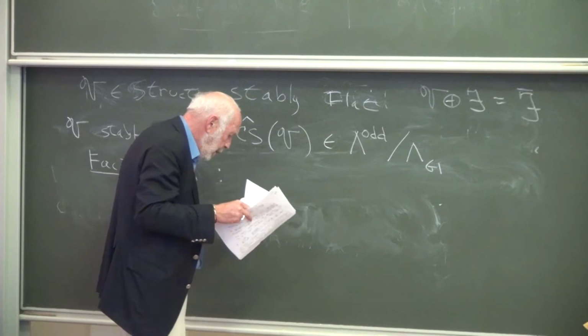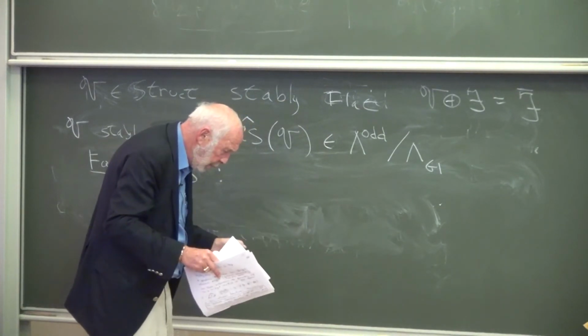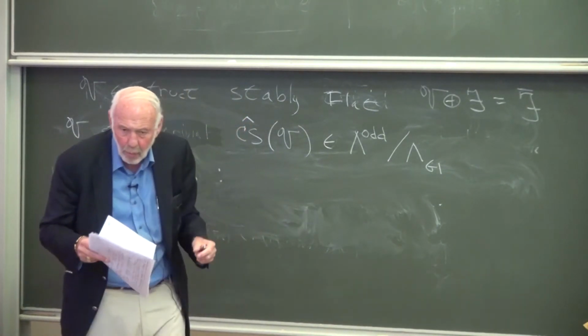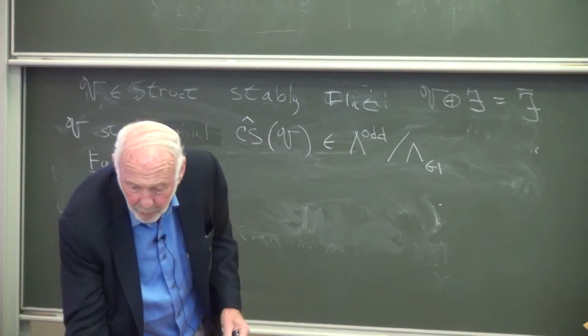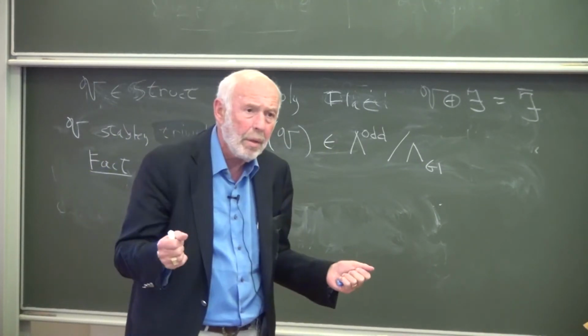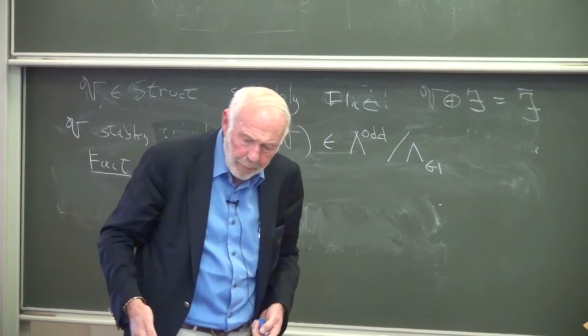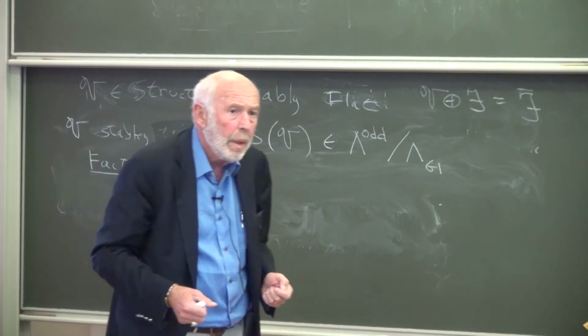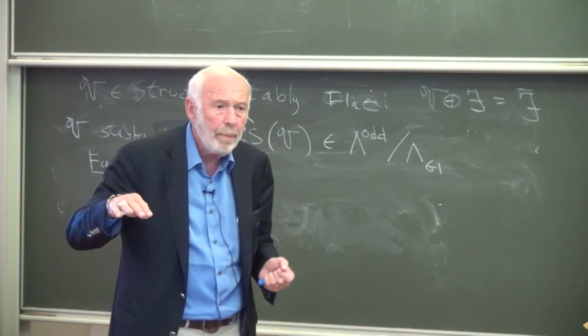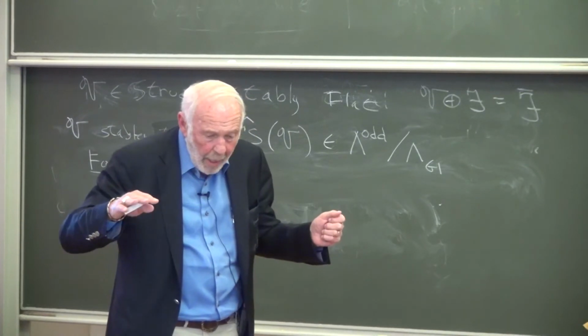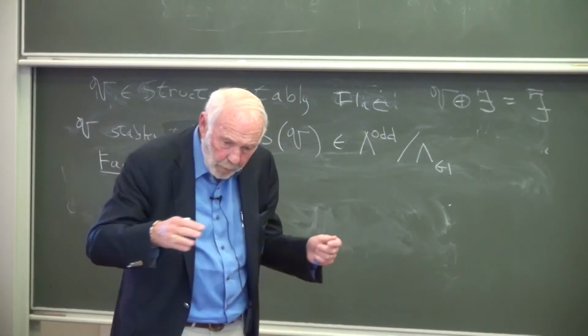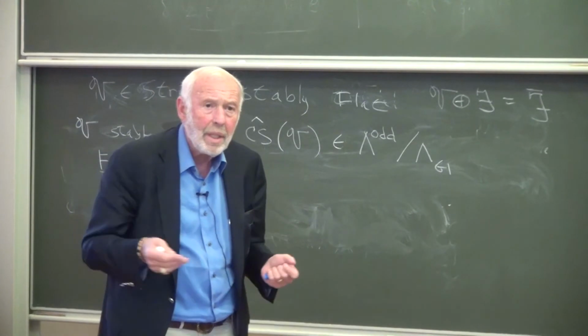By the CS. Yeah, suppose it was trivial. Okay, this is how it works. Let's just suppose it's trivial. It's a trivial bundle. It's not flat or anything. Some connection on it. So I pick a trivialization, and the connection. I fixed that.